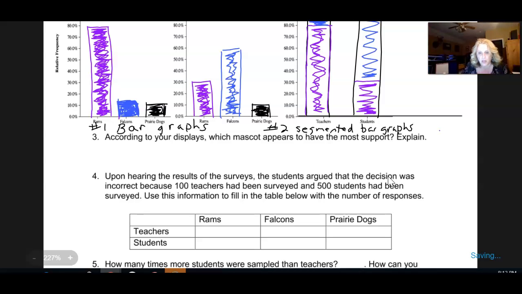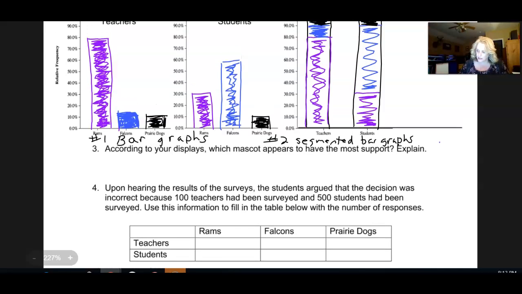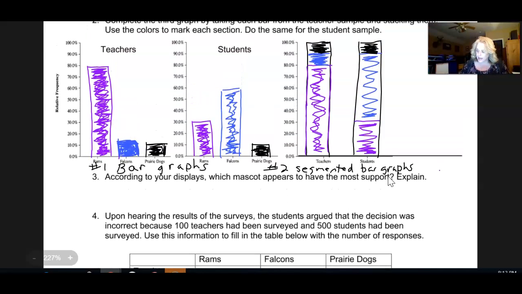Okay? And it asks, according to your display, which mascot appears to have the most support. And it looks like if you stacked them, let me move it back down so you can see it. As you look at the stacks, it looks definitely like the most support would go with the Rams.